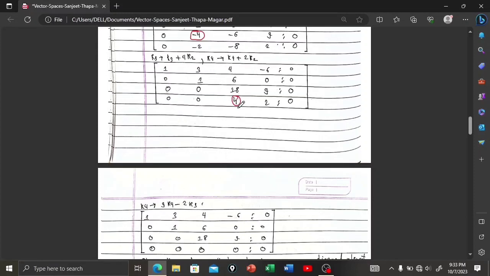So R4 becomes 9R4 minus 2R3, so this will be 0, this will be 0, this is also 0, and here R4 is 2 and R3 is 9, so it is 0, and here R4 is 0 and R3 is also 0, so it is also 0.